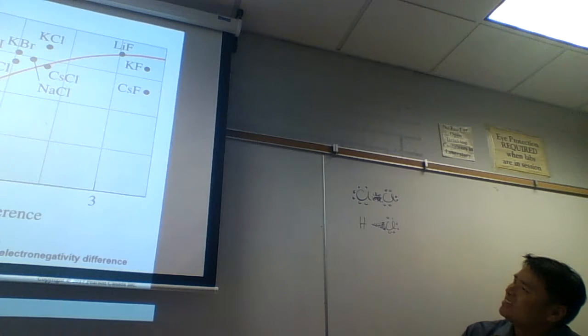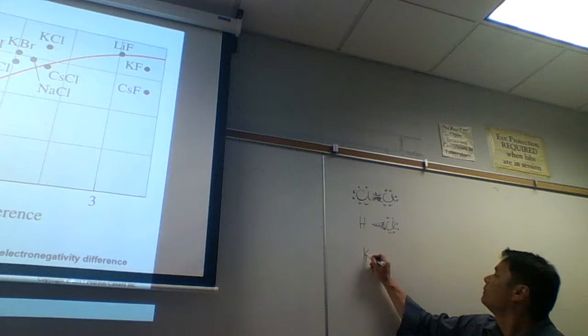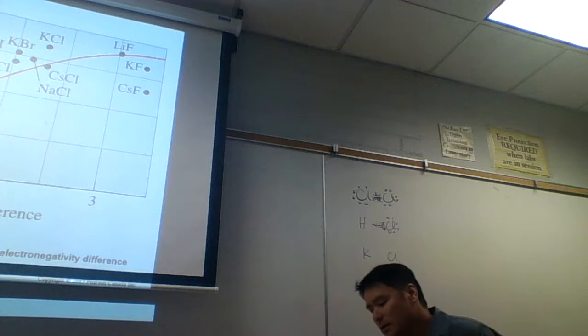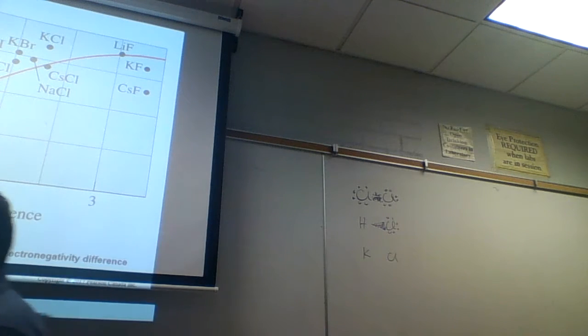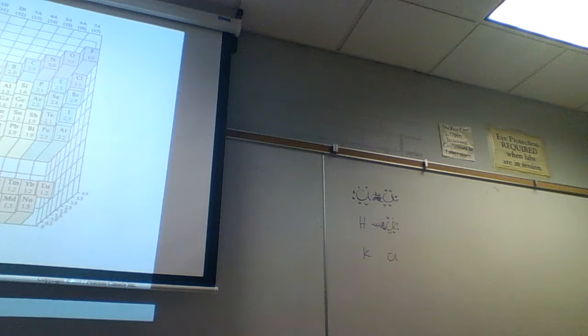All right, then let's go to potassium chloride. If we go to potassium chloride, what's potassium's electronegativity? Potassium is a 0.8.